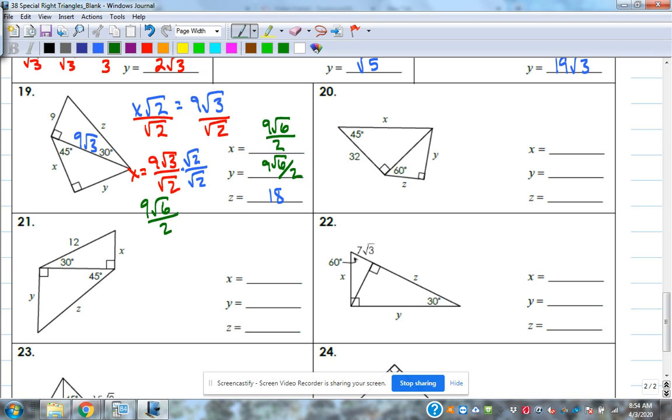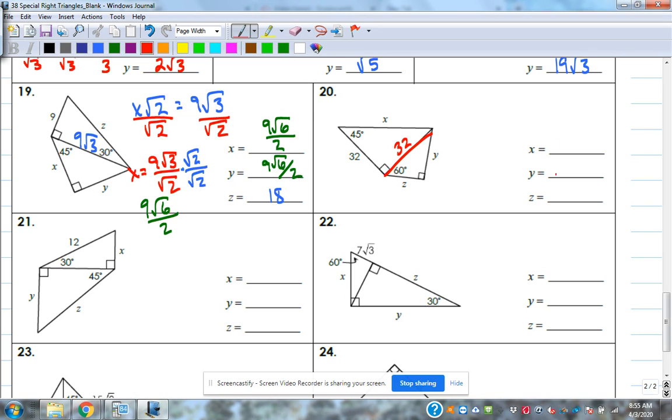Okay. Number 20, again, we have a 45, 45, 90. And we know that if we have the leg of a 45, 45, 90, they are the same. So we know that this side should be 32, which is the hypotenuse of this 30, 60, 90. So the short leg of that is z, which is half of the hypotenuse.